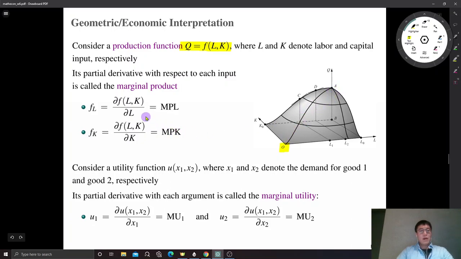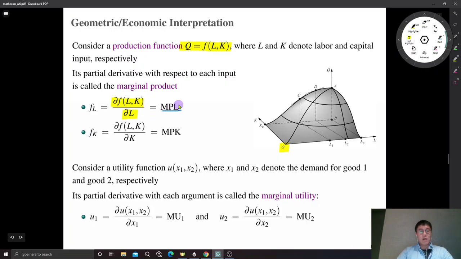But if we consider the partial derivative of this function with respect to L, that is called the marginal product of labor, and its economic interpretation is you just hire one more person, then you can increase the quantity produced, and this MPL measures that incremental quantity.